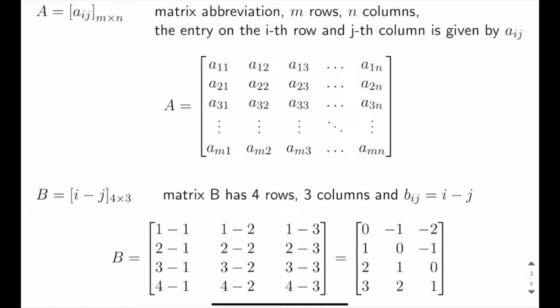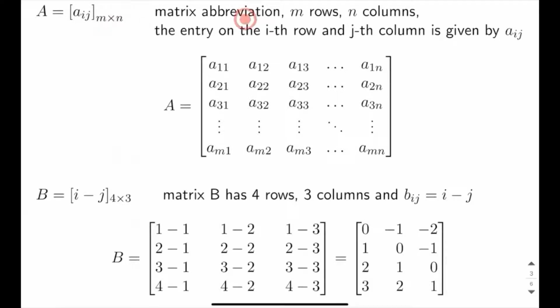So we write capital A equals little aij inside a pair of square brackets, and outside of that, a subindex little m by little n.